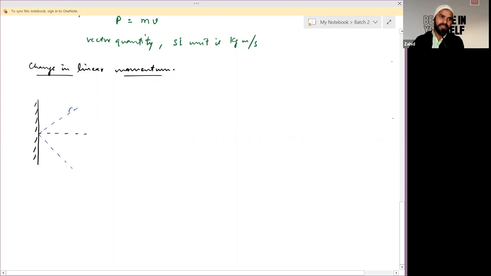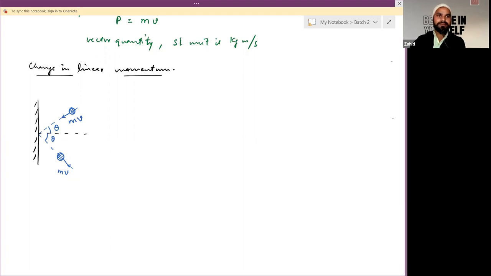A ball having mass m moving with velocity v, so it will have momentum mv, strikes this wall at some angle theta and gets reflected back with same velocity at same angle. So we have to find change in linear momentum in this entire process.